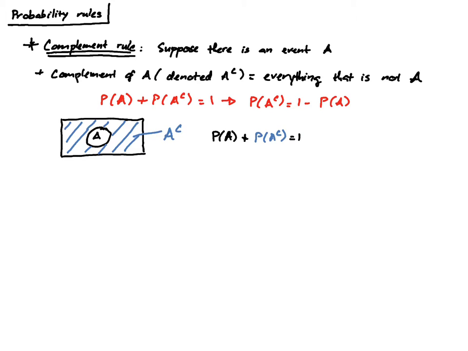Let's look at an example. Now suppose we want to roll a die, right? Let's find the probability of getting a 5 or less.